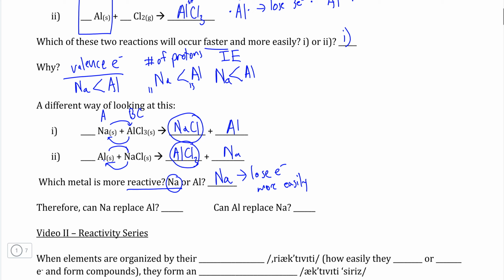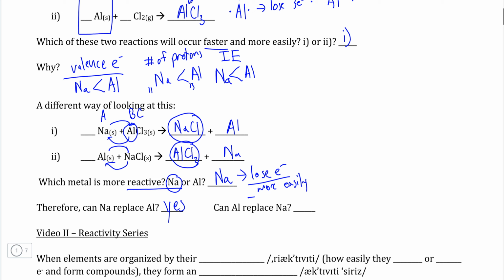Therefore, is it likely that a more reactive metal, a metal that can lose its valence electron and become charged even more easily than aluminum, would be able to replace aluminum? Well, that would be yes.